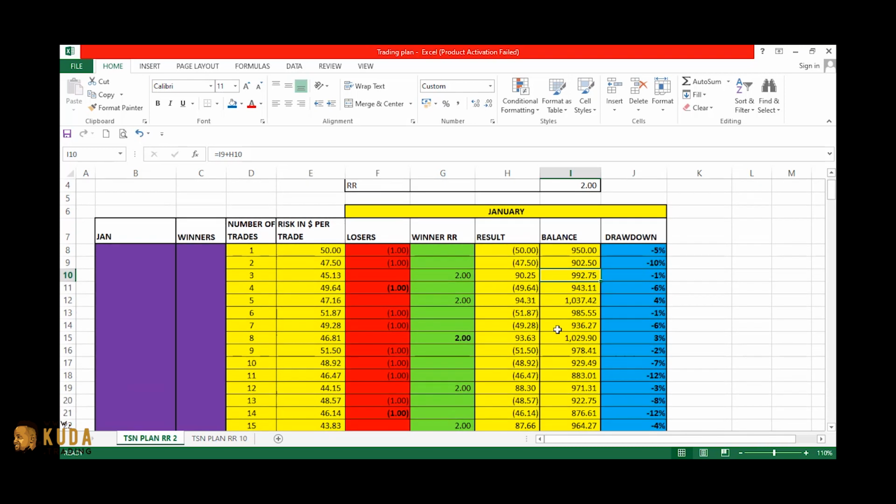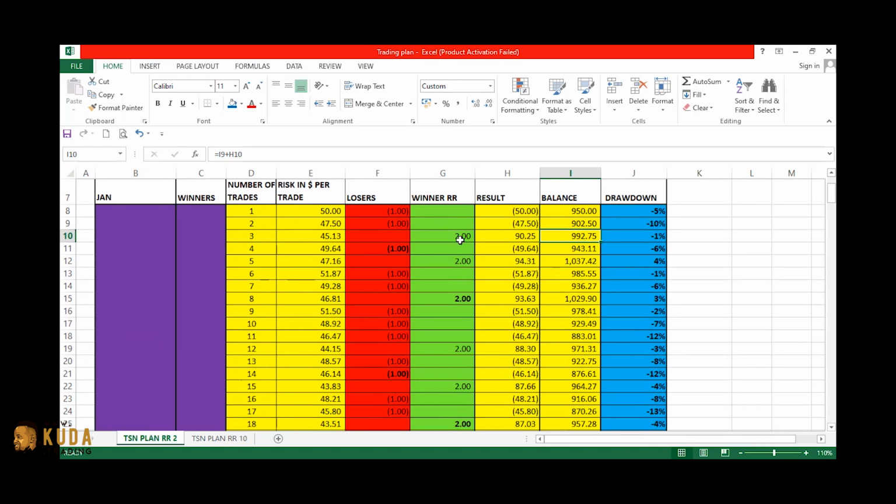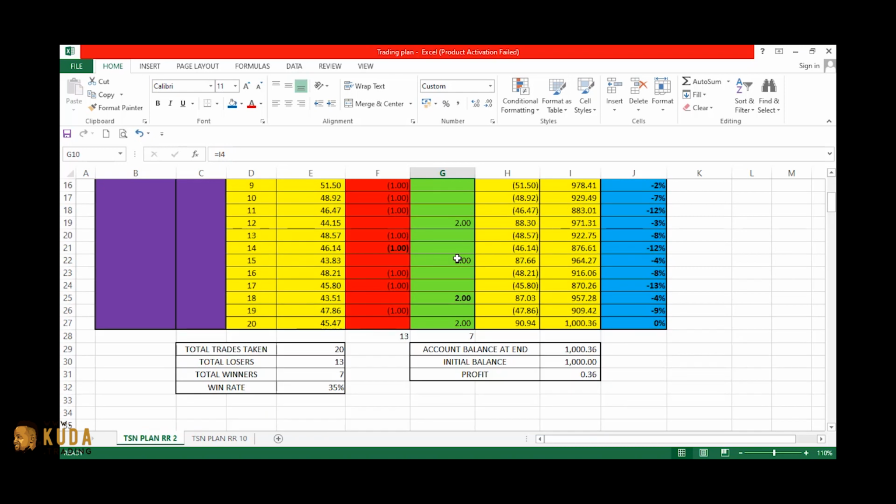Now, let's assume you get all these 1:2 trade setups, and you get 7 of them, and you get 13 trades incorrect. You're going to end up with a balance of about $1,000. Basically, you're going to be back where you started because you're taking these setups on the break. You're entering too late.